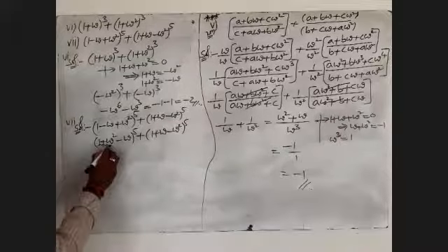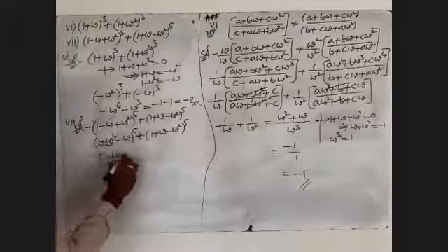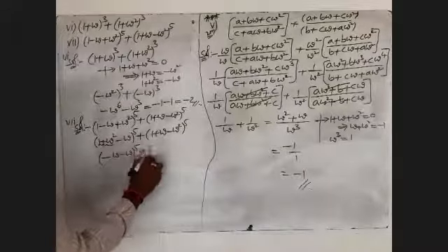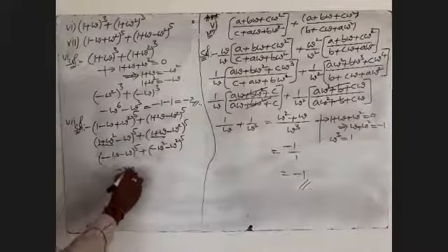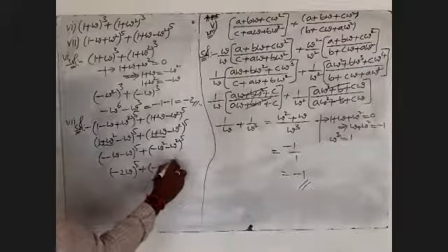What is the value of 1 plus omega square? It is minus omega, so minus omega minus omega whole power 5, plus, where 1 plus omega is minus omega square, whole power 5. That gives minus 2 omega whole power 5 plus minus 2 omega square whole power 5.